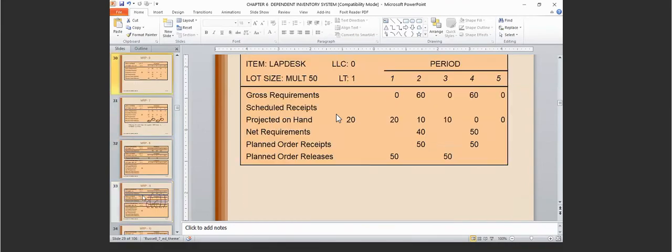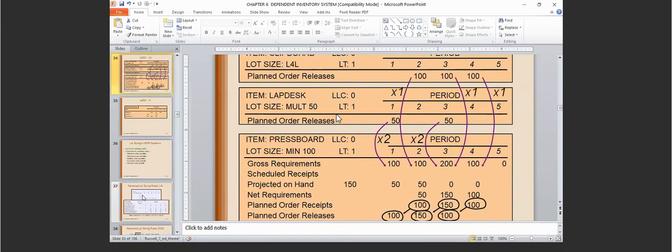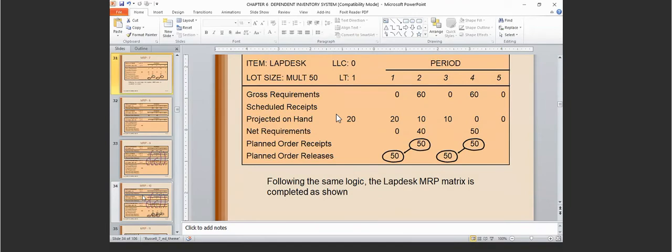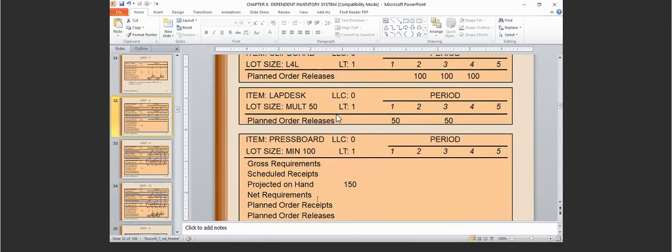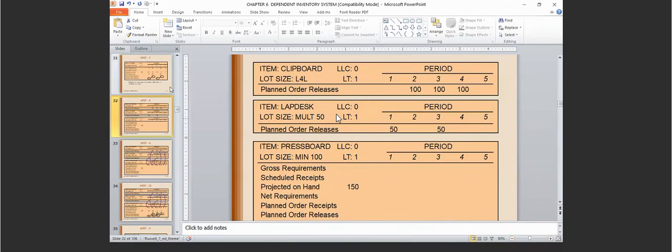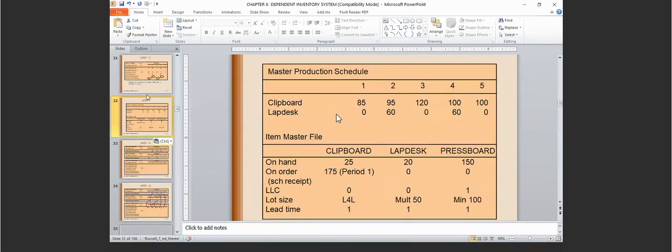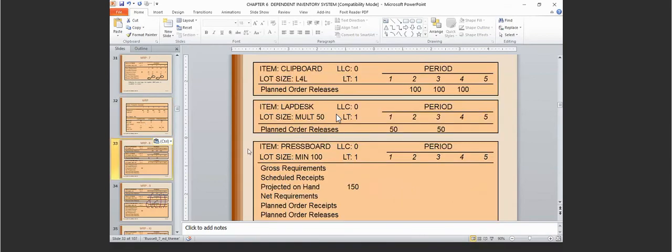So we key in the input about the item fresh board, and the lot sizing technique we use is minimum 100 units.